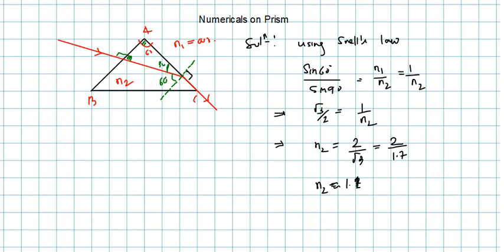No doubt it is greater than 1. N2 will be greater than 1. So this is how you find out the refractive index of this prism.